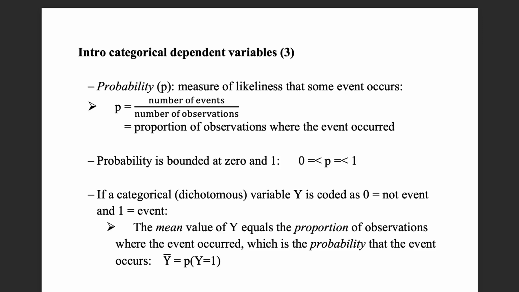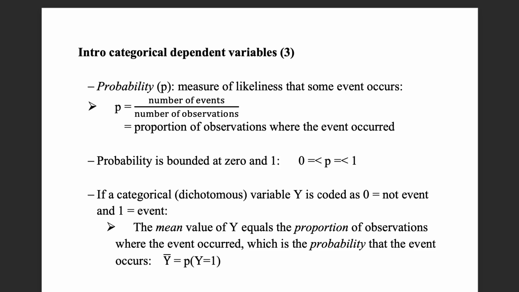Because how do we calculate the mean value? Well, you add up all the individual observations and divide by the size of the sample. And if we dummy code, so 0, 1 code our variable y, then adding up all the observations means for each case, we add up the value of that case for our variable y. So for all the cases that did not experience the event, they get the value 0, so for all of those cases we just add 0 plus 0 plus 0.